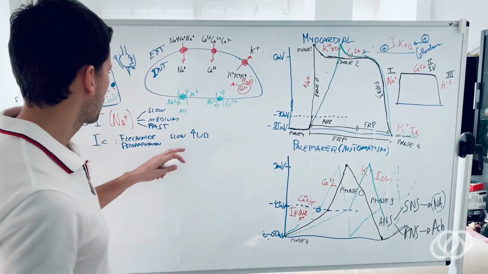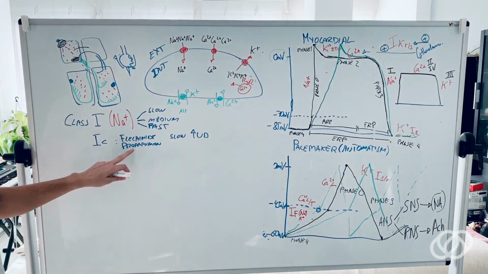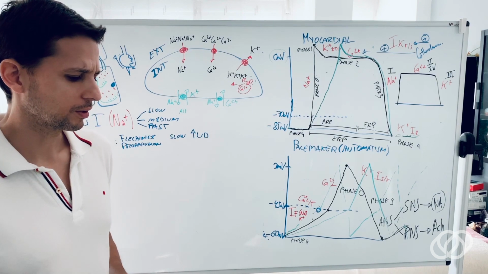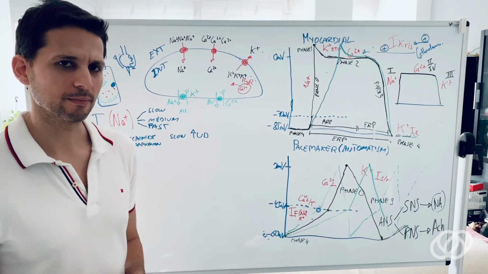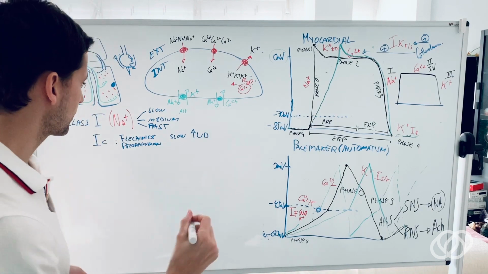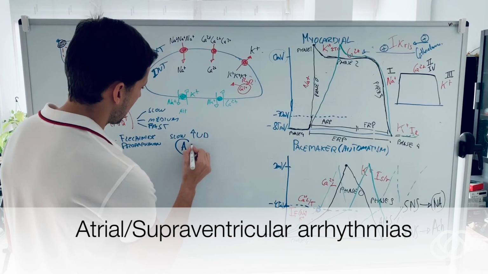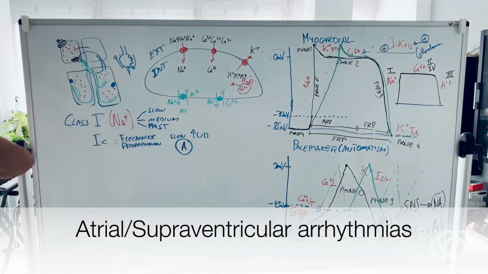So we mainly use these drugs in arrhythmias in which we have a very high pace. They are firing very fast, so that's why we use them in arrhythmias that have their origin in the atrium.